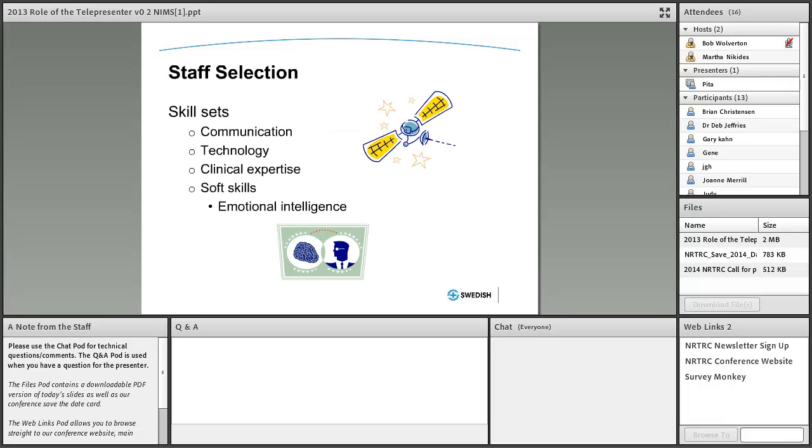Staff selection. This is so very important, and the very last bullet, emotional intelligence, I can't emphasize enough. So the staff, whoever acts in the role of this telepresenter, really needs to have very strong communication skills, savvy with technology, but not just savvy with technology, but a willingness to learn new technology and not a fear around it.